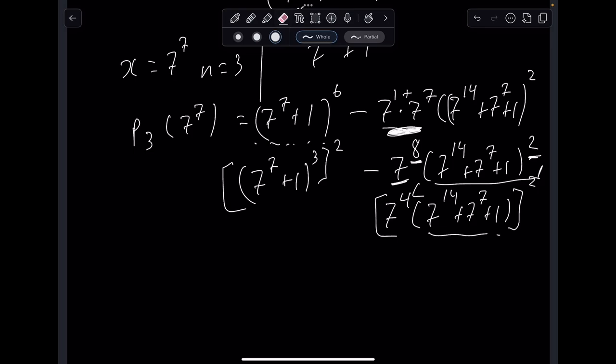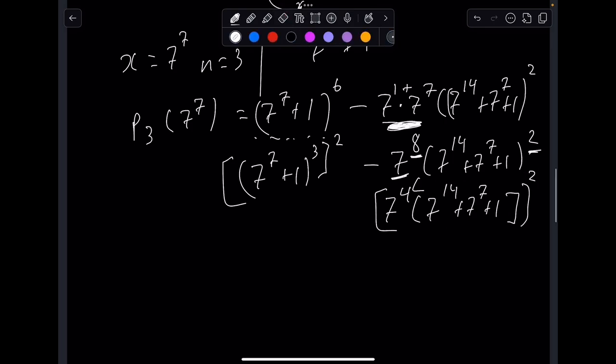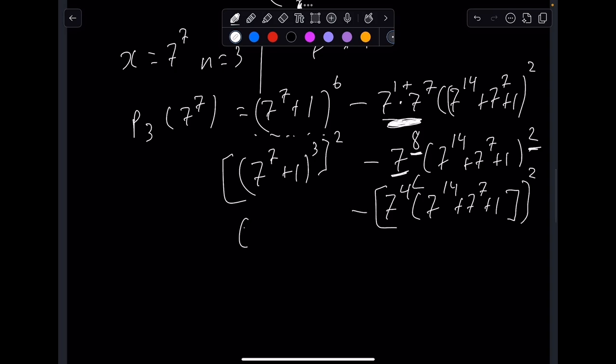So, okay, so now we have a difference of 2 squares again, minus 7 to the 7 plus 1 cubed all squared.